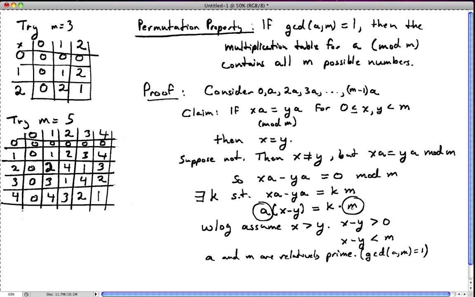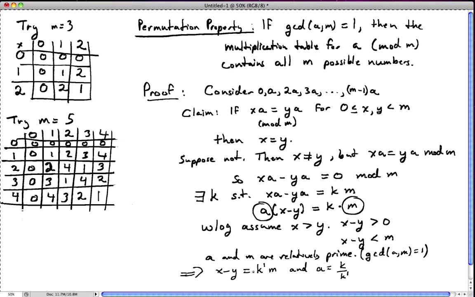So the factors of M on this side have to be in X minus Y, all of them, which means X minus Y has to equal something times M, K prime times M, and A equals K divided by K prime. This is how these things have to line up, because after all, A and M are relatively prime, so all the factors of M have to be in X minus Y.